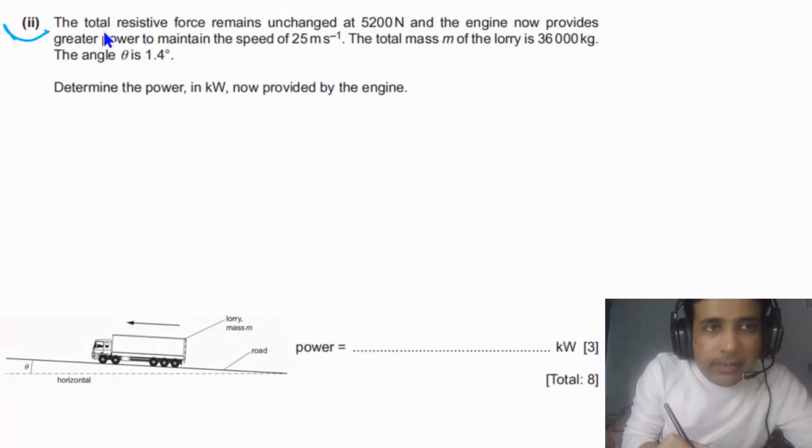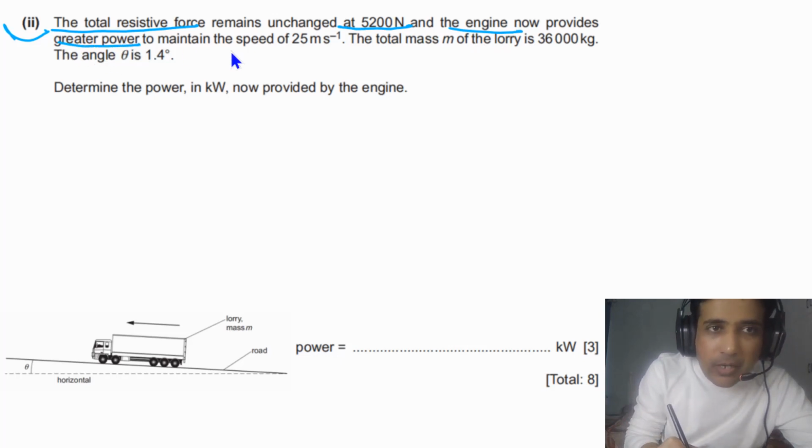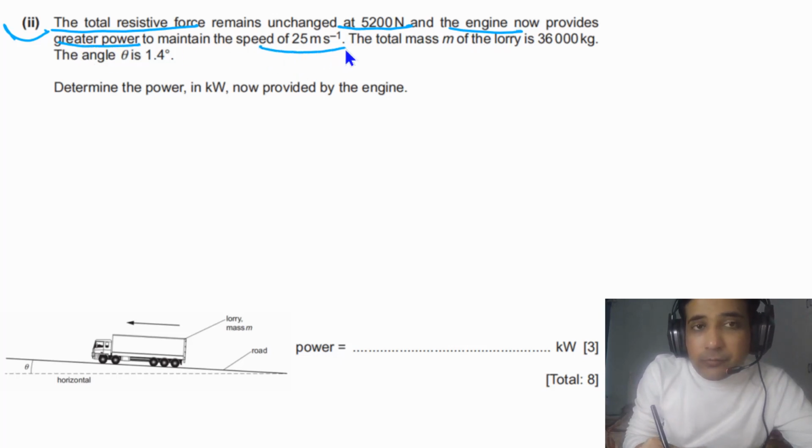For the second part, it is given to us that the total resistive force remains unchanged at 5,200 newtons, and the engine now provides greater power to maintain the speed of 25 meters per second. The total mass of the lorry is 36,000 kg and the angle is 1.4 degrees. We need to determine the power in kilowatts provided by the engine.